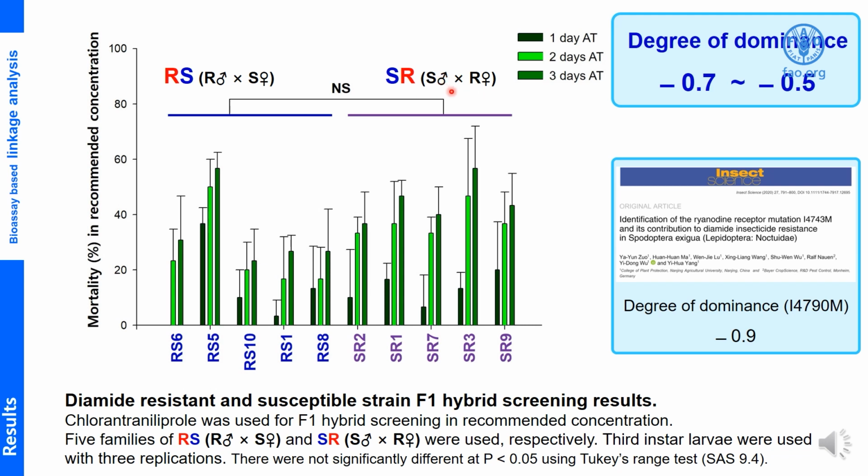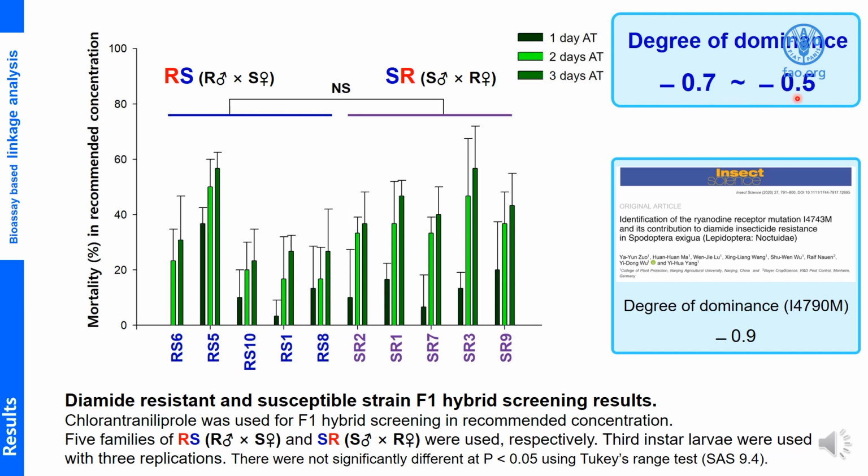When we compare the two groups, there is no statistical difference. So that means some kind of insecticide-related genes are located in an autosome, not sex-linked. And we tried to find the degree of dominance, that is minus 0.7 to minus 0.5.